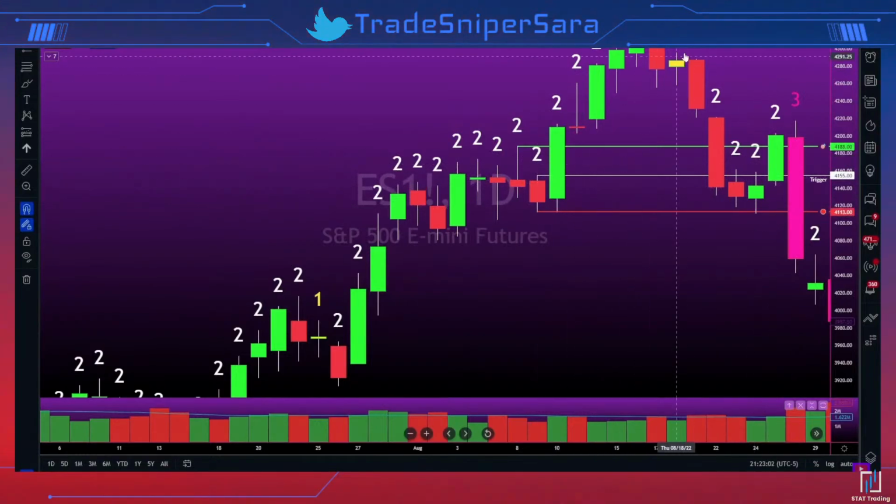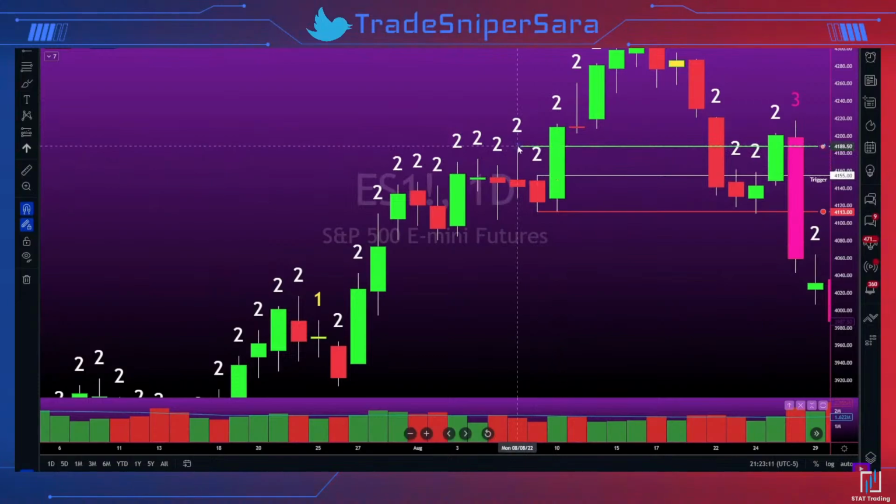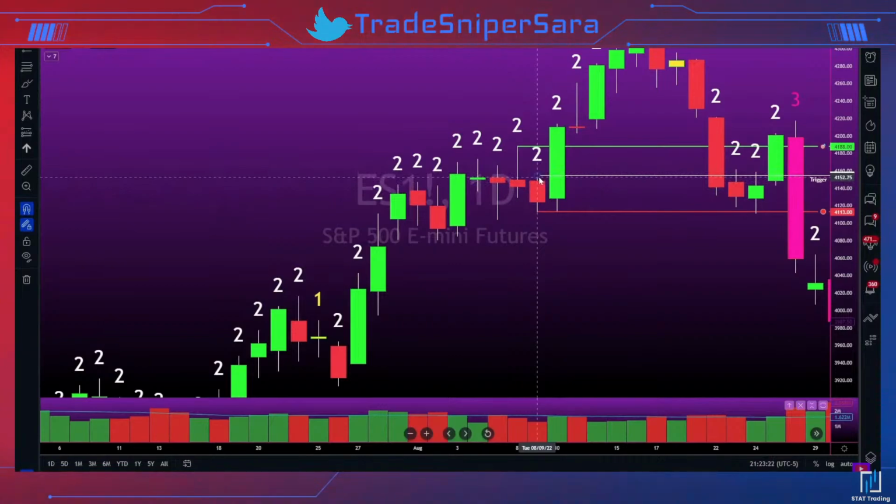So we can also use the 50% rule as a stop, because we want this to trigger immediately and we want it to hit our target. We don't want it to trigger and then begin to fail.